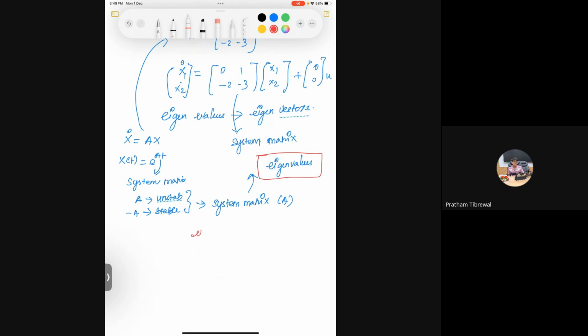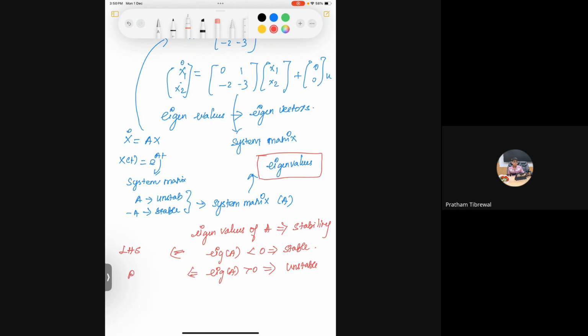So if you find the eigenvalue of A, then you can determine the stability of the system. If the eigenvalue of A is less than 0, then the system is stable, as you saw the same thing on the left hand side. If the eigenvalue of A is greater than 0, the system is unstable.